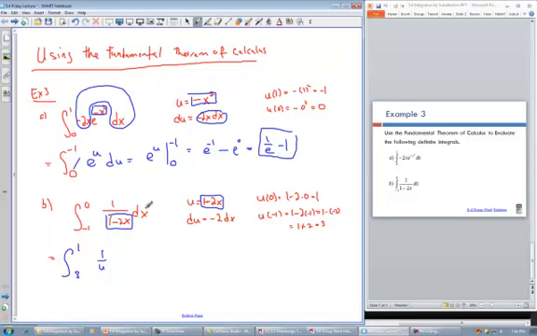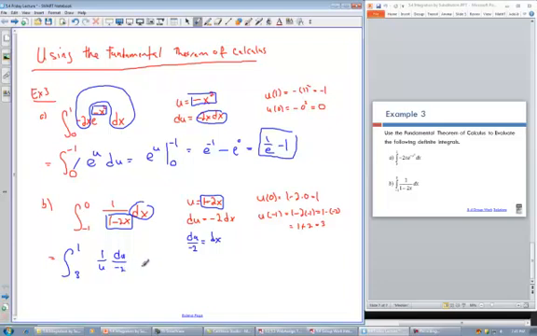Then I have a problem, though, because I have dx, but over here I have negative 2 dx. But it's not really that big a deal because I can move over the negative 2 by dividing both sides by it. So this is du divided by negative 2 is equal to a dx. So this is du divided by negative 2.